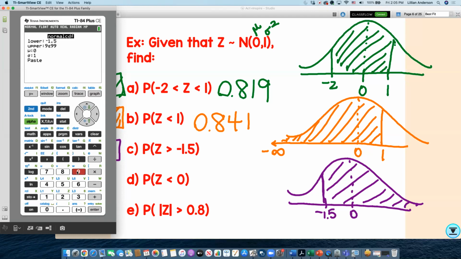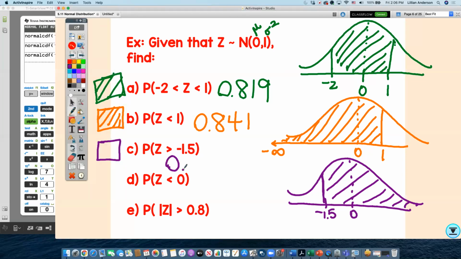So remember that E represents scientific notation. Mean is still 0, standard deviation is still 1. That's nice when you have several problems that use the same mean and standard deviation. You only have to change the upper and lower bounds. That's it. So that'll be 0.933.